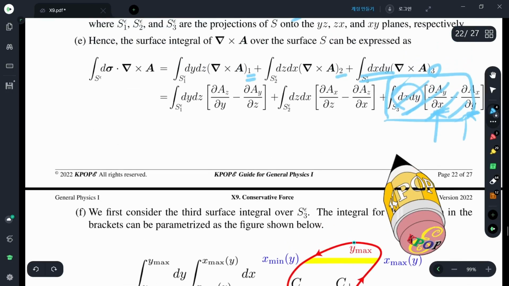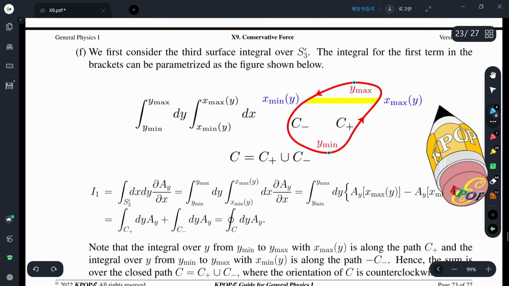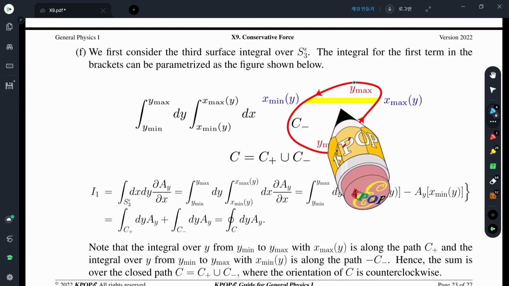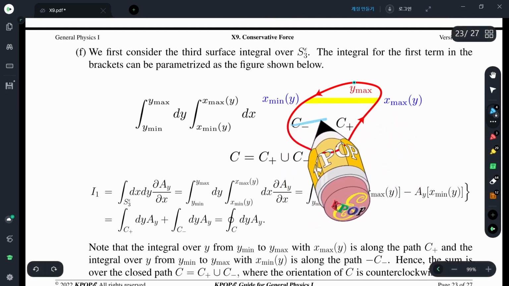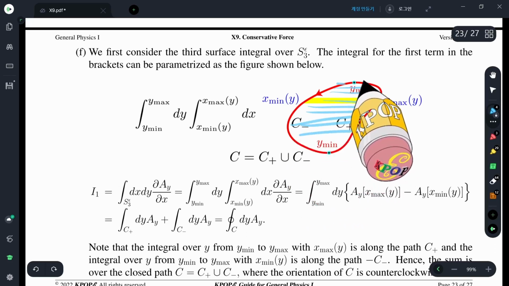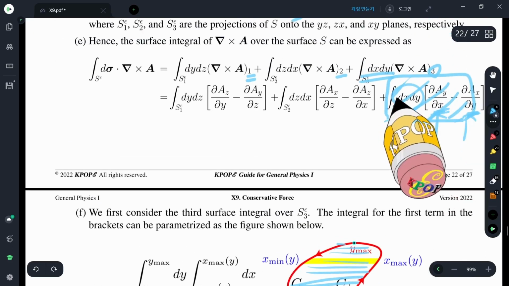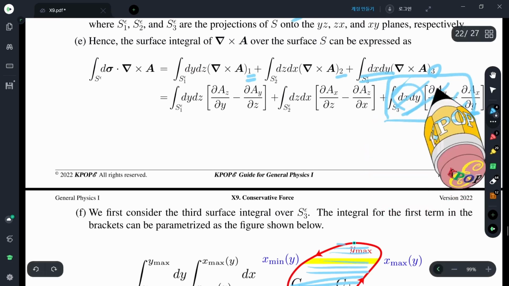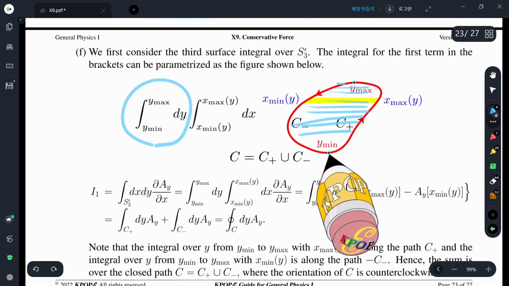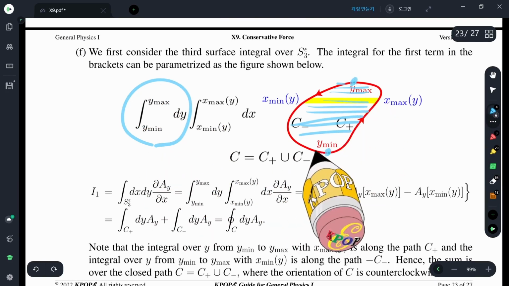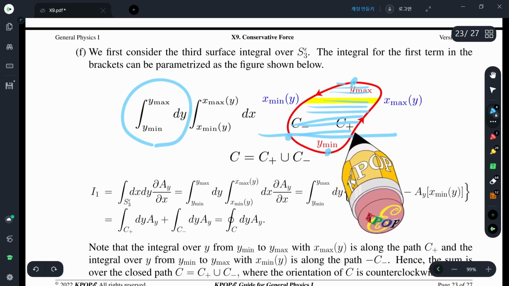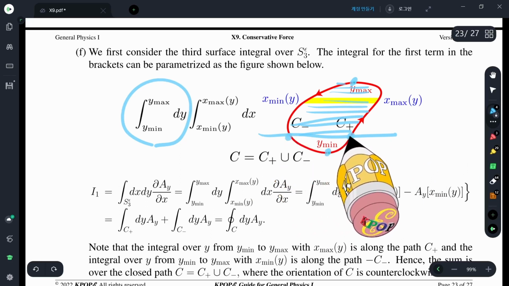So in the first case, integrate x first, from x minimum to x maximum in this way, and outside this, the integral will be over y, from y minimum to y maximum. For each given y there is an x minimum depending on y and an x maximum depending on y.